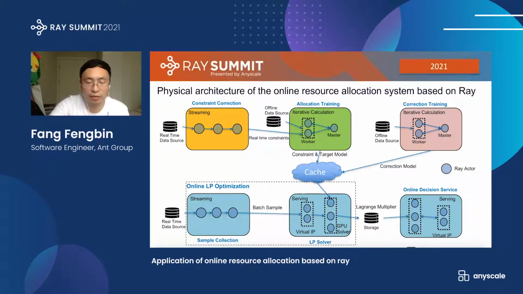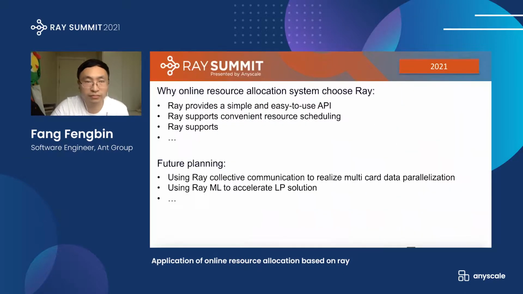Next, let's take a look at why the online resource allocation system chose Ray. The online resource allocation system we built based on Ray has 3 advantages. The first advantage is that Ray provides a simple and easy-to-use API, so developers can quickly implement the app framework.